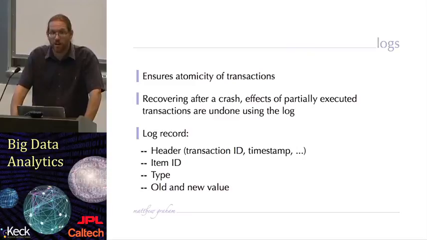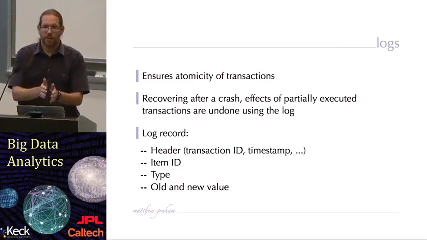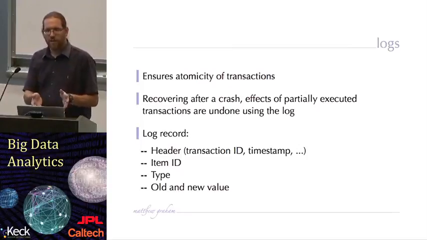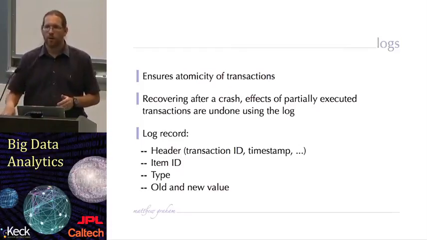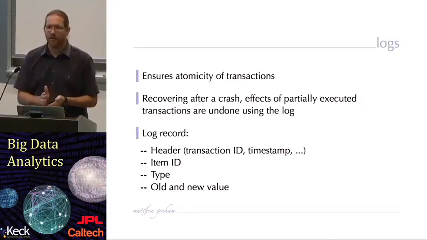Any partially executed transactions can be undone using the log. You'll remember that atomicity means that the transaction either is fully complete or doesn't happen at all. Obviously, if you're halfway through, you would violate that, but because you have a log of what operations have been carried out as part of a transaction, you can reverse those actions to take you back to a clean, uncompromised, uncorrupted state.